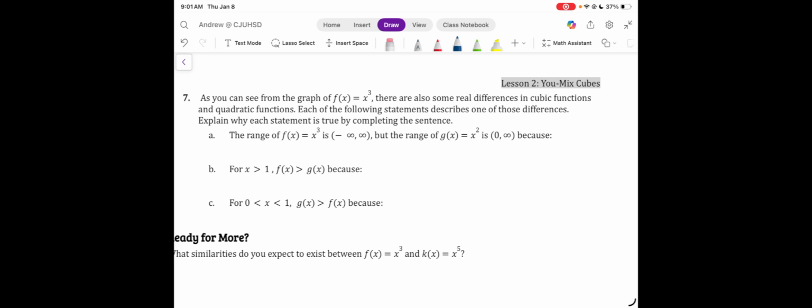A cubed negative is going to go negative. It has to do with the exponent, basically. So even exponents make positive numbers.